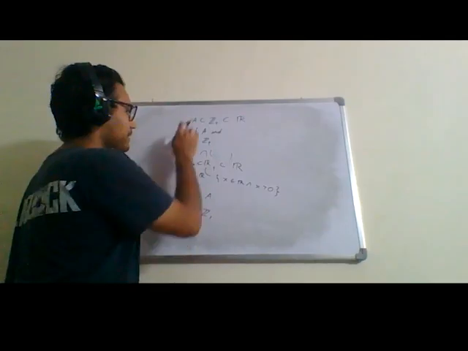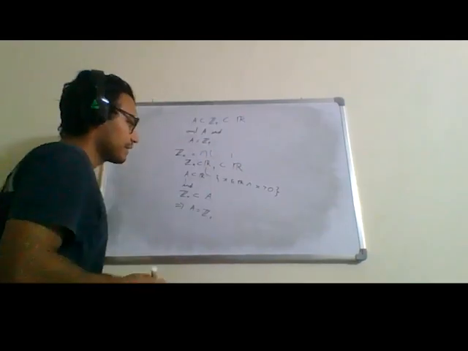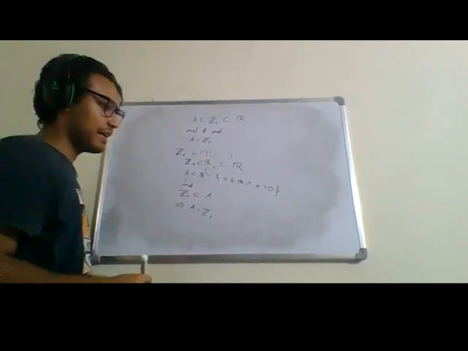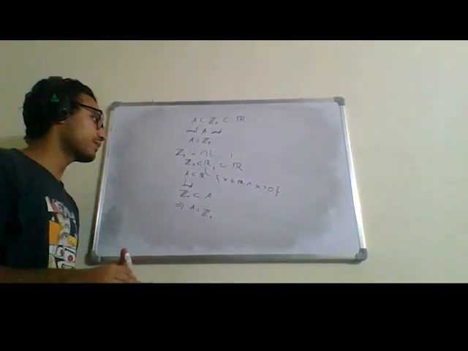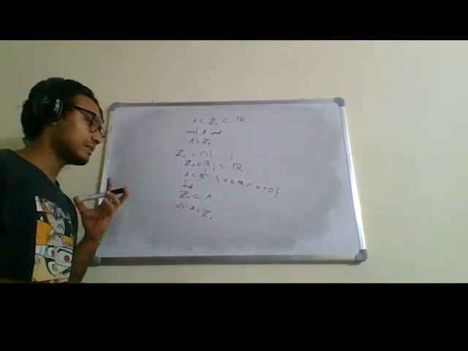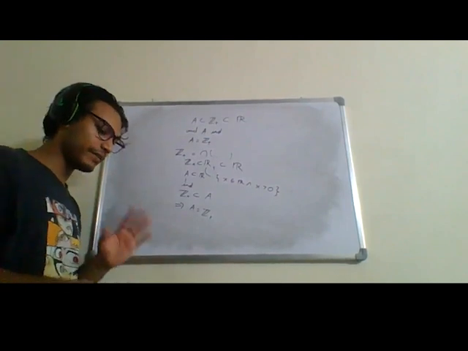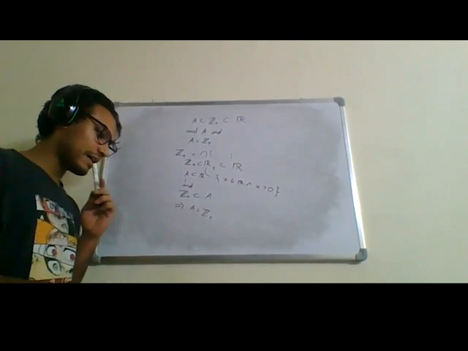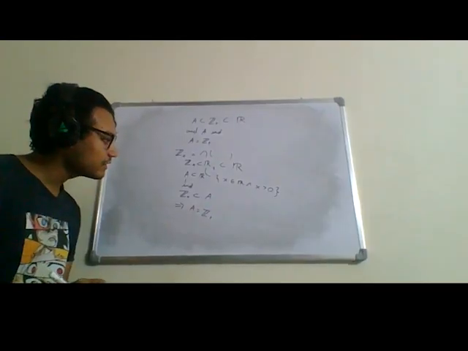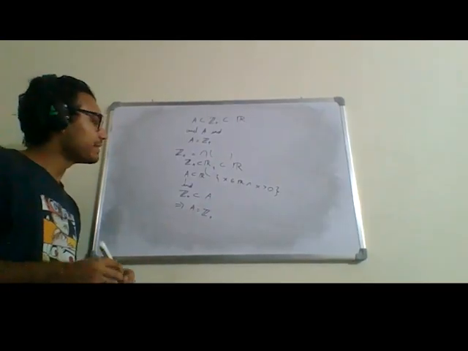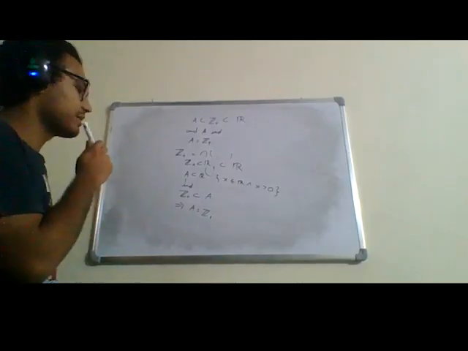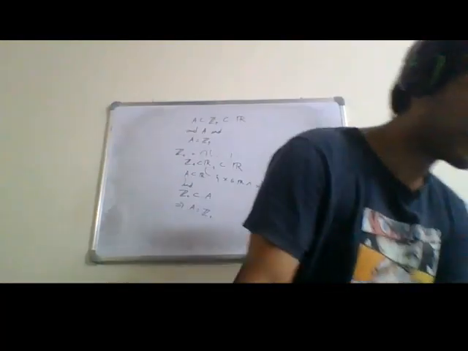And since by transitivity, we get A is a subset of R, and A is an inductive subset of R, and Z is the intersection of the collection of all subsets of R which are inductive. Let me check the intersection thing. Have I actually proven it already?